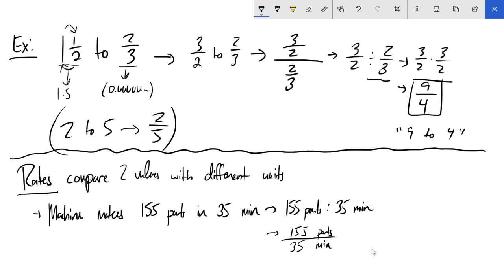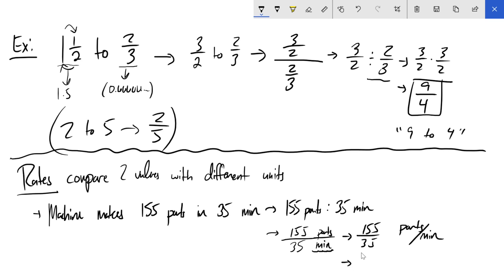And it's not like the cups over cups example where the units cancel out. This is parts over minutes. So a unit gets preserved. I can't cancel out those units. So my fraction is 155 over 35, but my unit stays. It's parts per minute if I compare those two values.